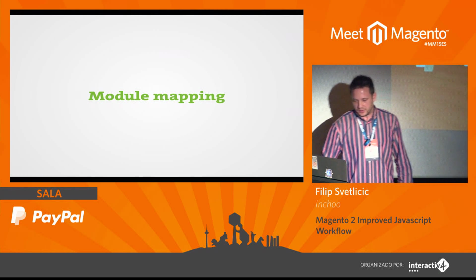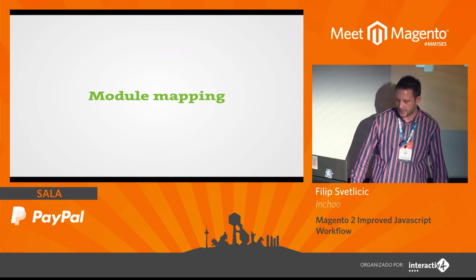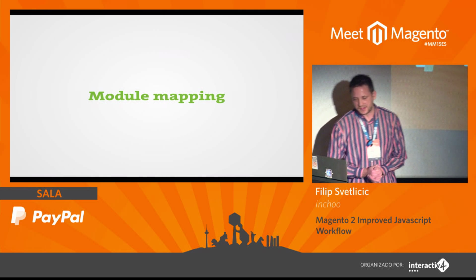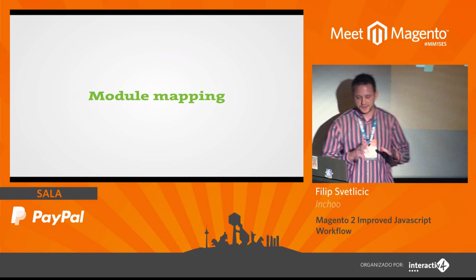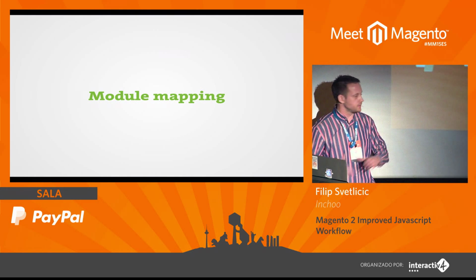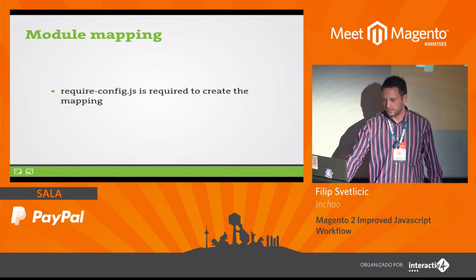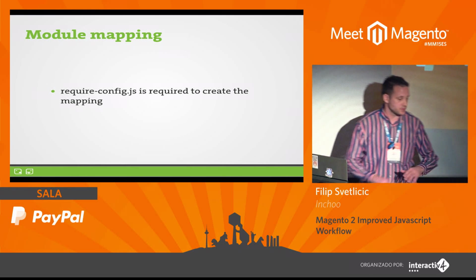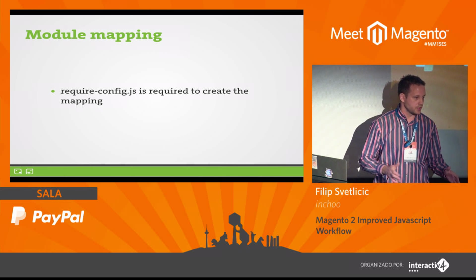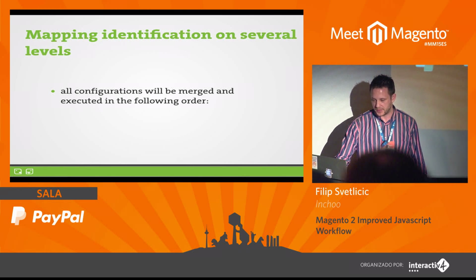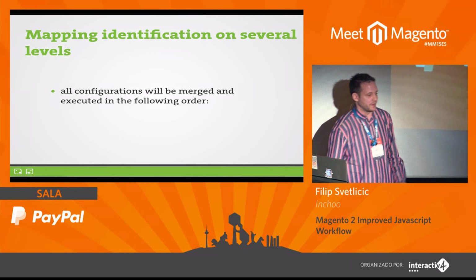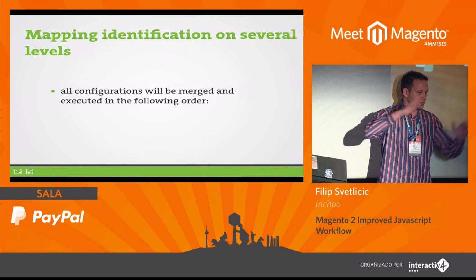Now, let's revert back to module mapping, because the benefit of the mapping is that the system can have several versions of a specific resource which can be mapped to be loaded from different paths and on different occasions. Now, requirejs-config.js is placed all around Magento, and it's required to actually create the mapping. All configurations will be merged and executed, but not overridden.